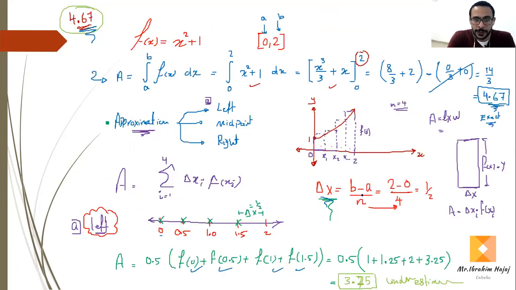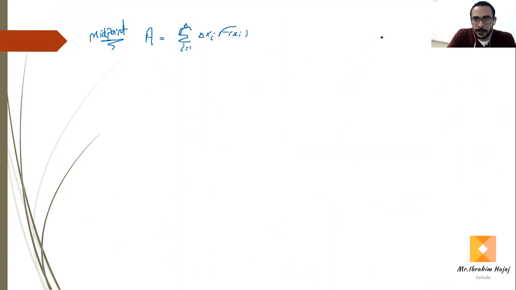But let's do here the third way, which is the most accurate one, which is the midpoint. In the midpoint rule, the Riemann sum approximation says A equals the same summation notation, from i equals 1 to n of delta x times f of x_i. But this time we will not use 1.5 and 1.7 and so on.